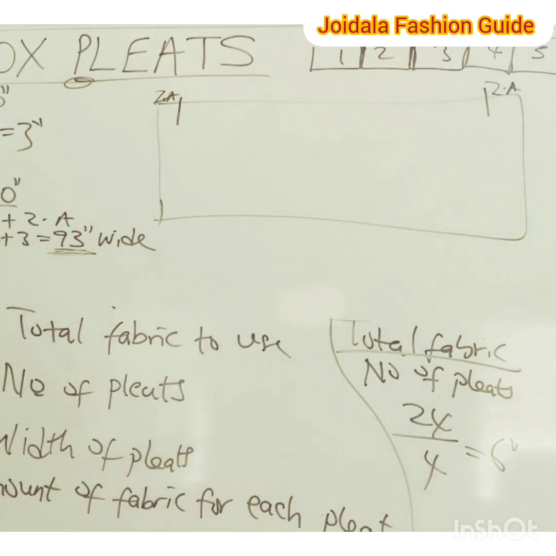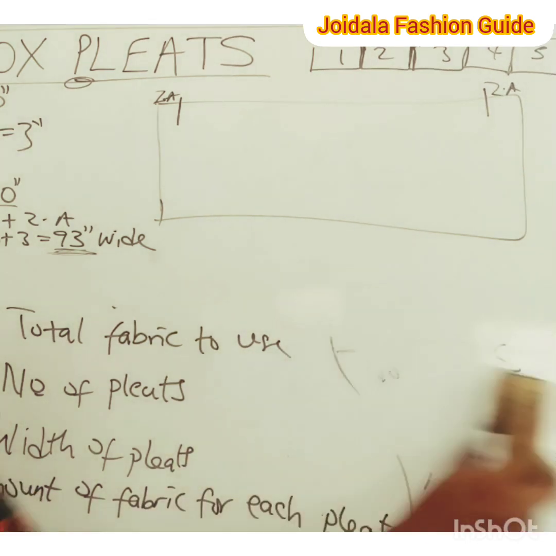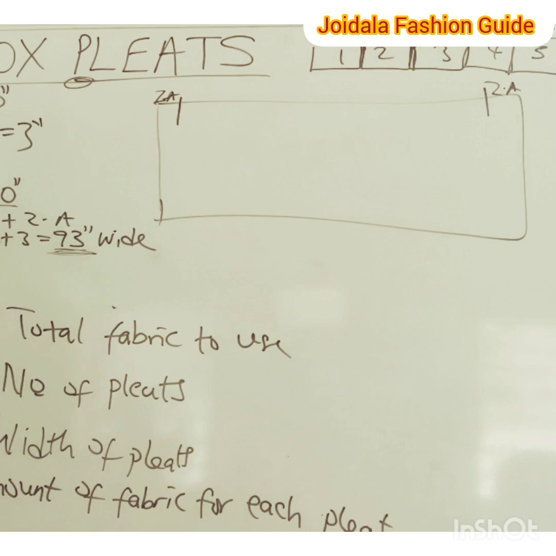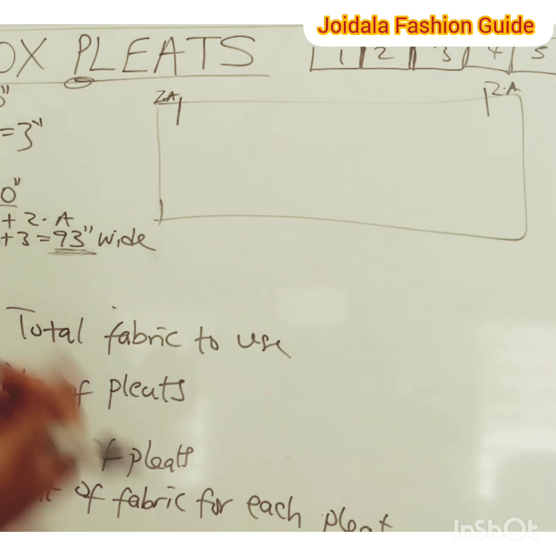Okay, and then from the example that we did, if we said we want to have 6 box pleats, so I said there are 2 ways to do it. Since you multiply the waist by 3, you can go ahead and multiply the number of pleats by 3.